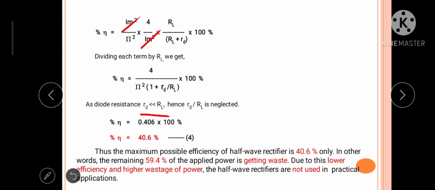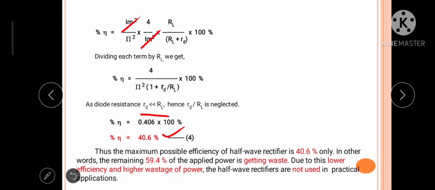Hence, the term RD upon RL is neglected. That's why the above equation can be written as eta equals 0.406 into 100%. And finally, the expression for efficiency comes to be eta equals 40.6%. Let's take this as equation 4.